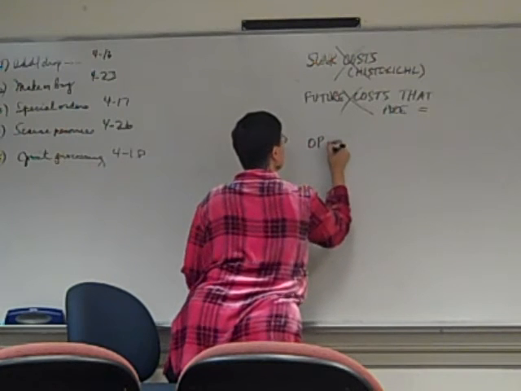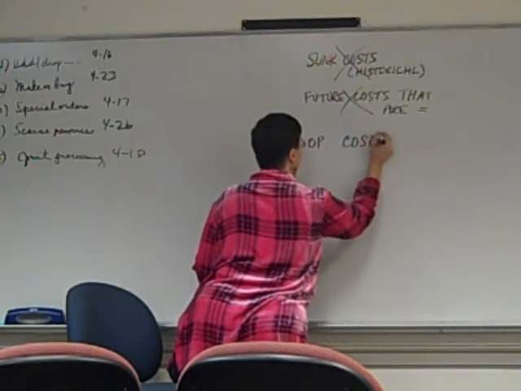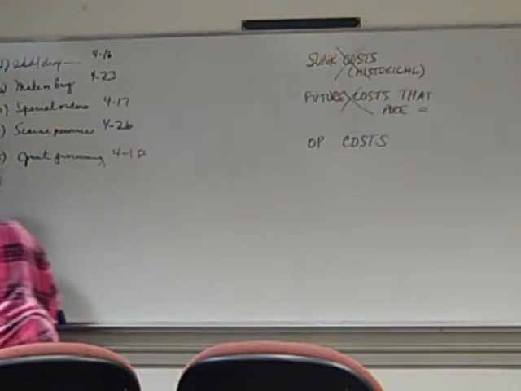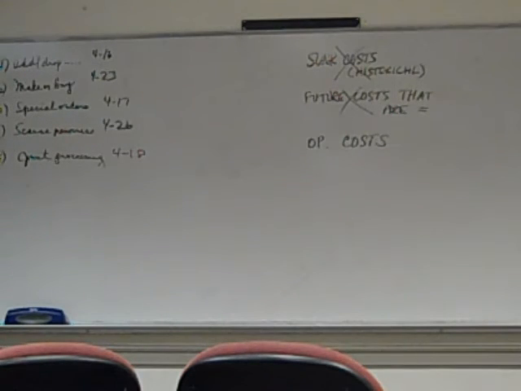The last are opportunity costs. They are the net benefits that you're giving up by choosing A over B. Okay.